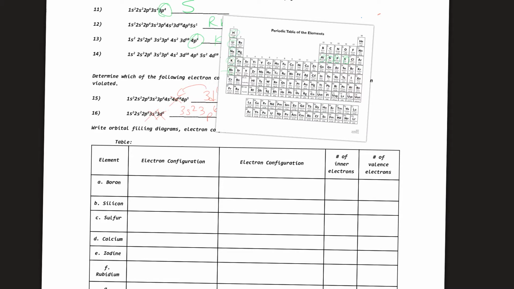So we'd write 1s2, 2s2, 2p1, or He 2s2, 2p1. Inner electrons, there are 2 of those. And outer electrons are in the highest energy level, which is the second energy level. There are 3 of those.